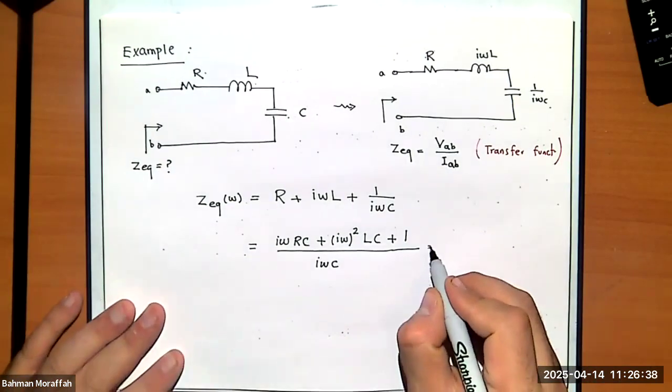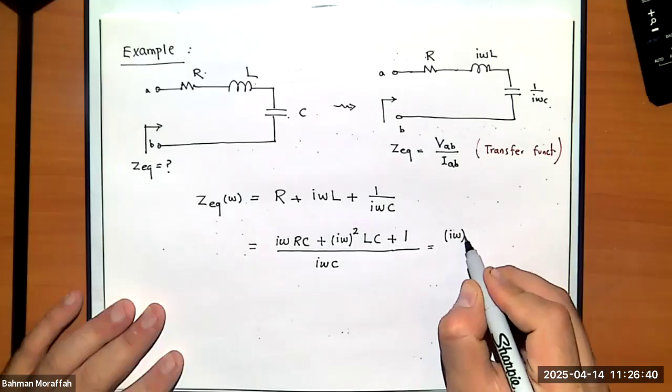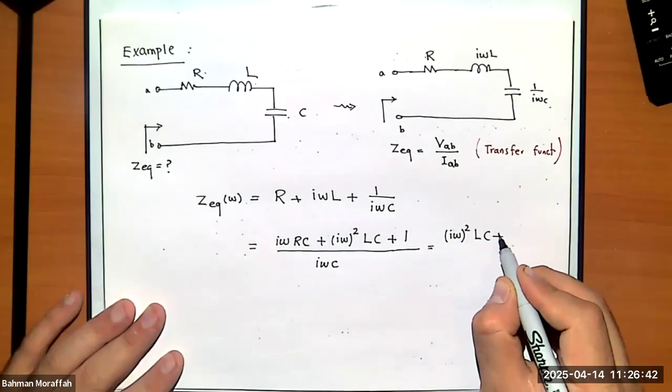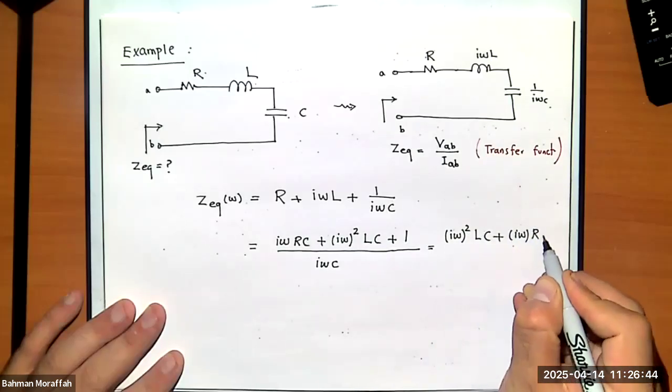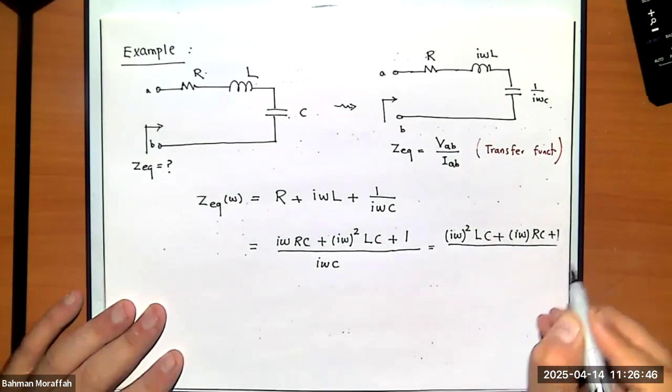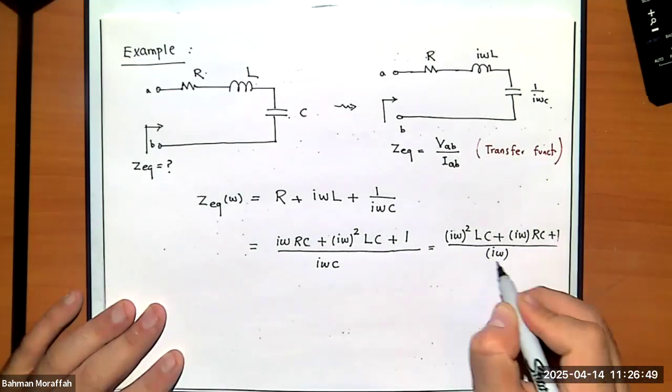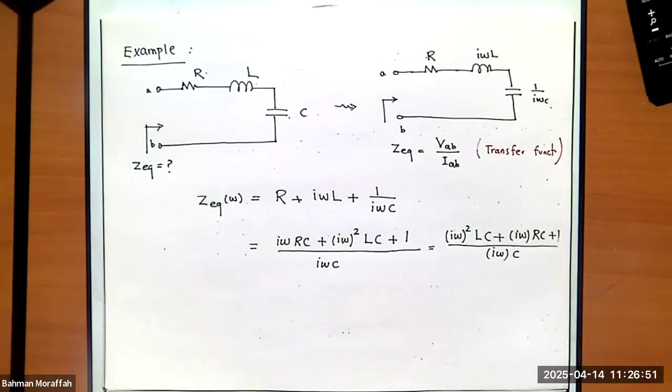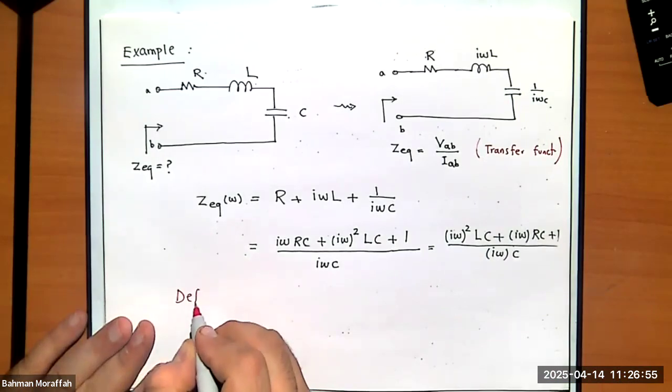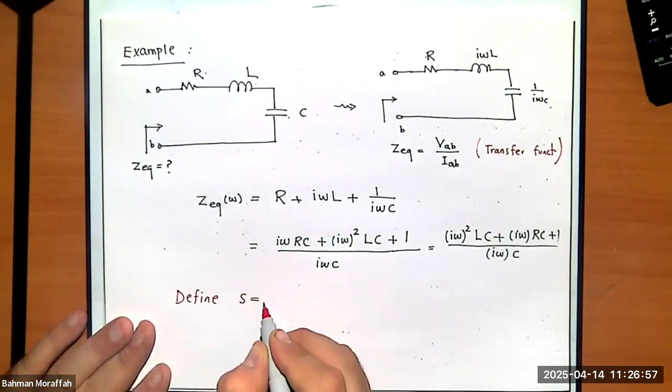I can rearrange it, adding it as i omega squared LC plus i omega RC plus 1, divided by i omega C. Again, define this to be s equals i omega.